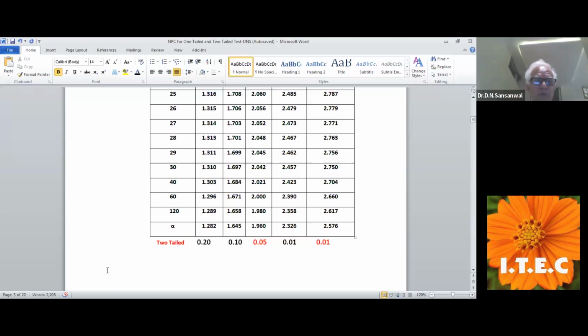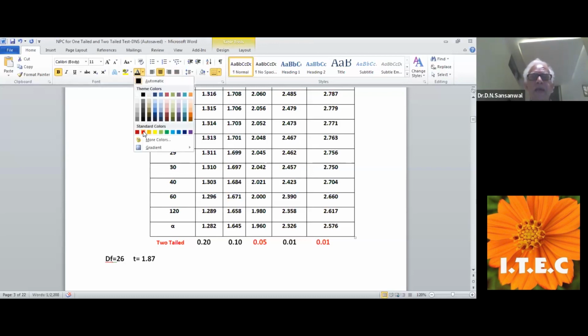So suppose my DF is equal to 26 and my calculated value is equal to 1.87. Because I have formulated a null hypothesis, this is 0.05 and this is 0.01.